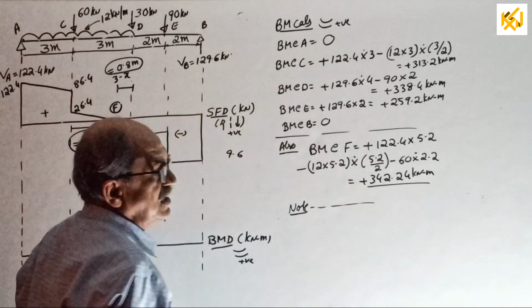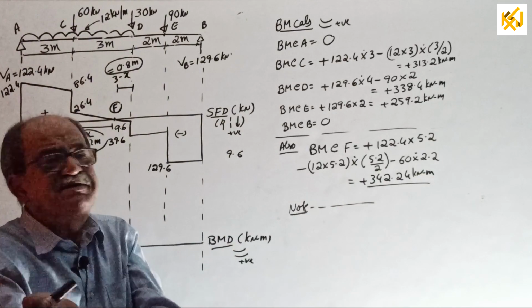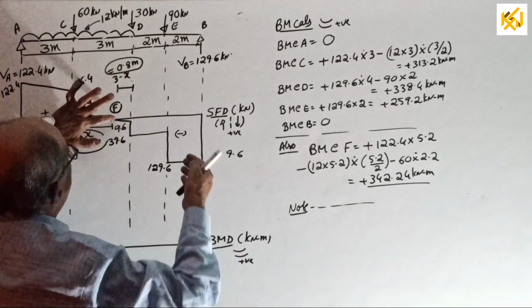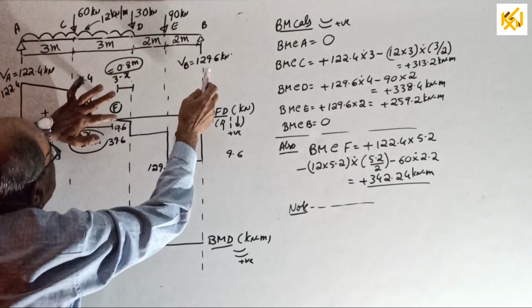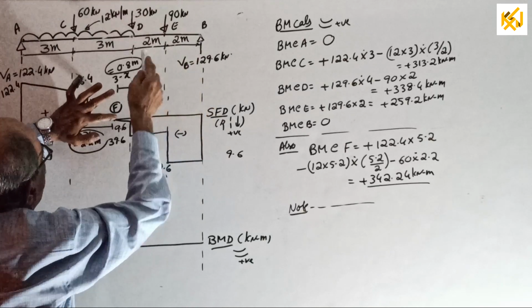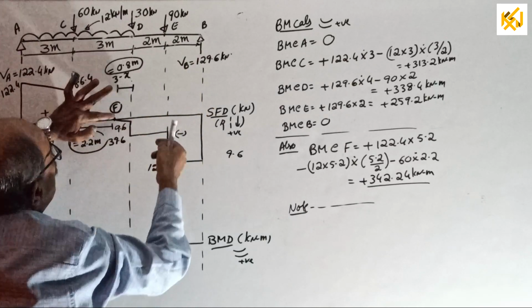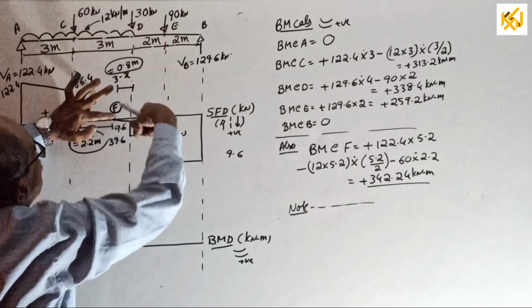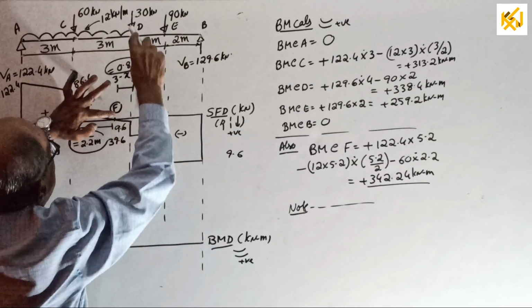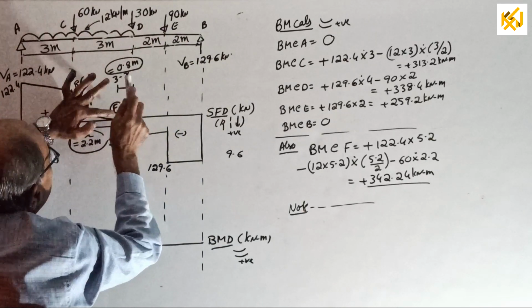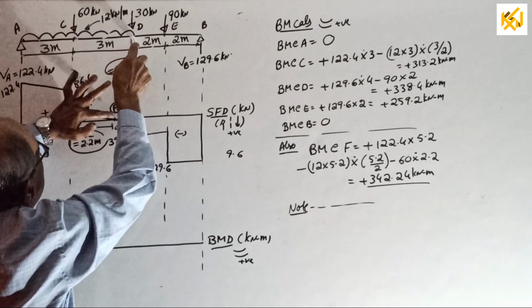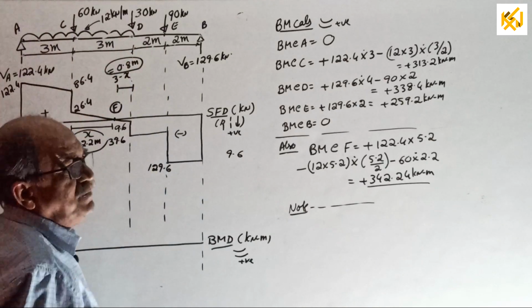I got the answer. If you want, you can check from the right side. Plus 129.6 into 2 plus 2, 4 plus another 0.8, 4.8, minus 90 into 2.8, minus 30 into 0.8, minus UDL of 12 into 0.8 into 0.8 by 2.